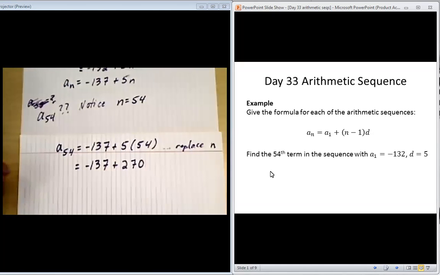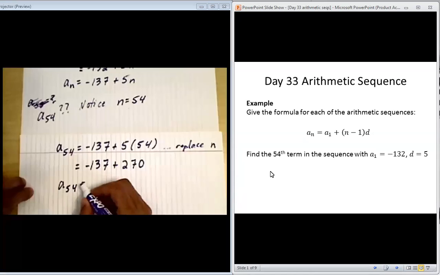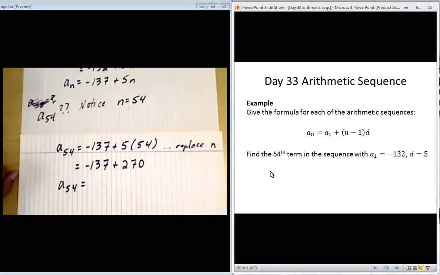Perfect. So then a final little calculation to get this question completed. The 54th term is going to be how much? No, they're opposites. So you got to subtract them and then keep the biggest sign.